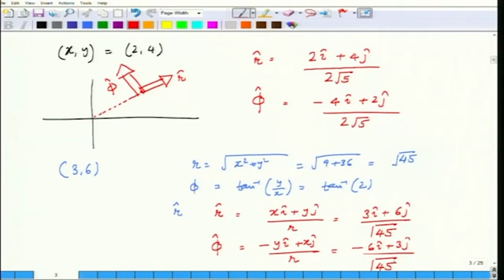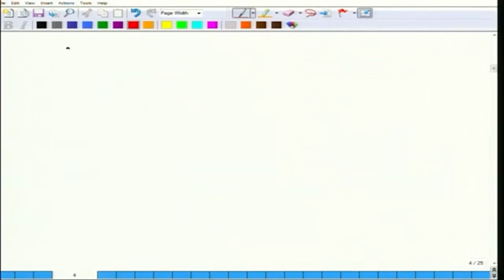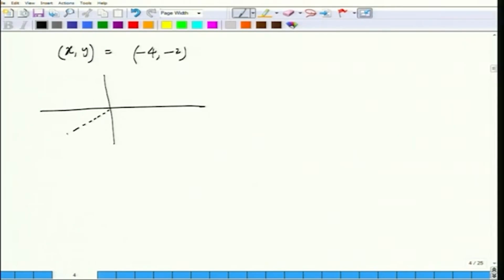The final question in this is x, y is given to be minus 4 and minus 2. So this point is actually in the third quadrant out here, and therefore the distance r is square root of 4 square plus 2 square, which is again 2 root 5.